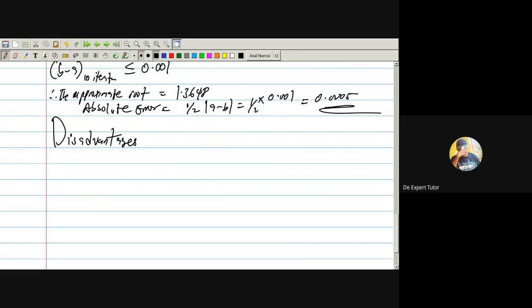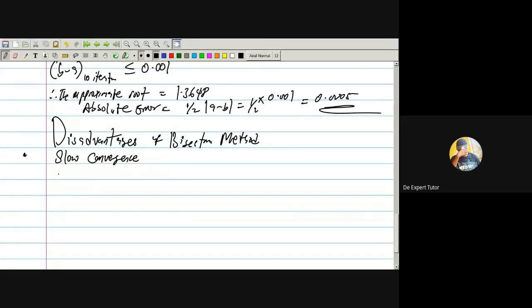Disadvantages of the bisection method: this is the main one, slow convergence. It always takes time.